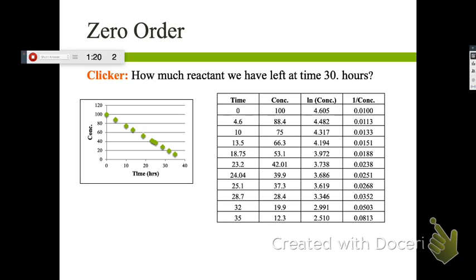What do you do first of all? Think about it, write down the equation. I was just trying to figure out what equation it was.